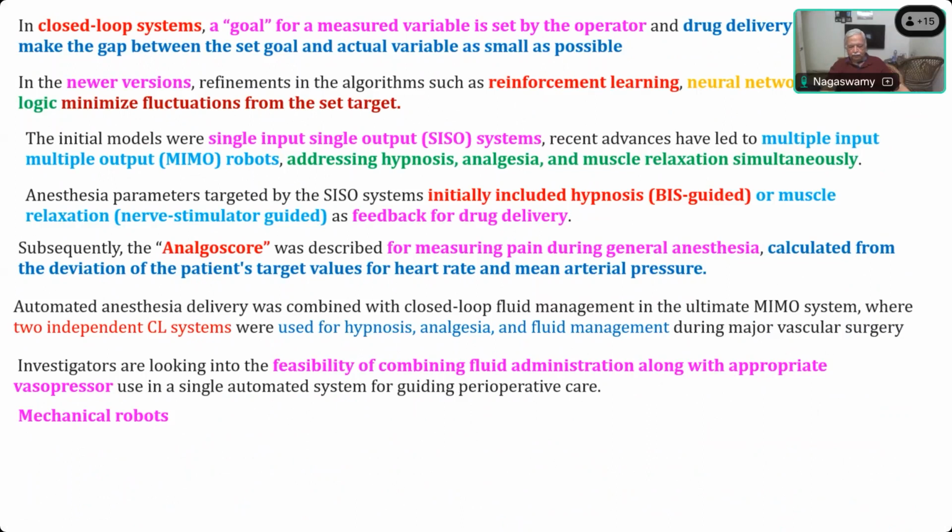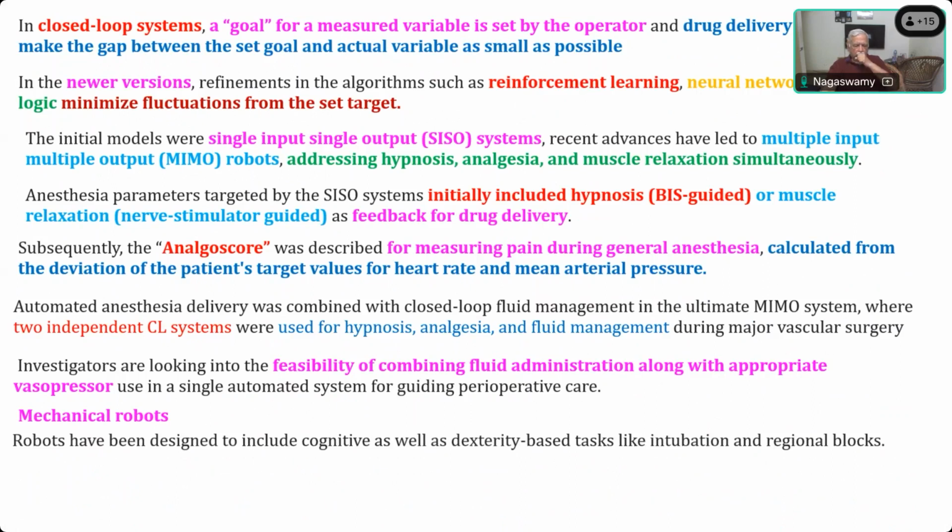So instead of your trying to locate the nerve plexus and put the drug, and if you don't put it correctly, it may end up in a failed spinal or a failed block. In order to avoid all that, they have now designed mechanical robots to include cognitive as well as dexterity-based functions, because when you want to give a block, your hand should be very steady.